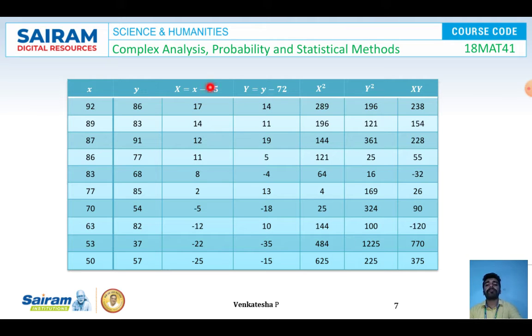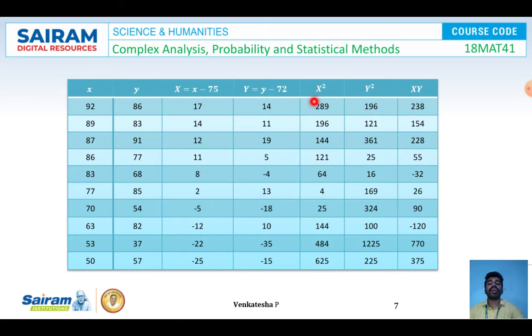So capital X is 17, 14, 12, 11, 8, 2, minus 5, minus 12, minus 22, minus 25. To calculate capital Y, the formula is y minus 72. Subtracting 72 from the complete y column, we get capital Y as 14, 11, 19, 5, minus 4, 13, minus 18, 10, minus 35, minus 15.